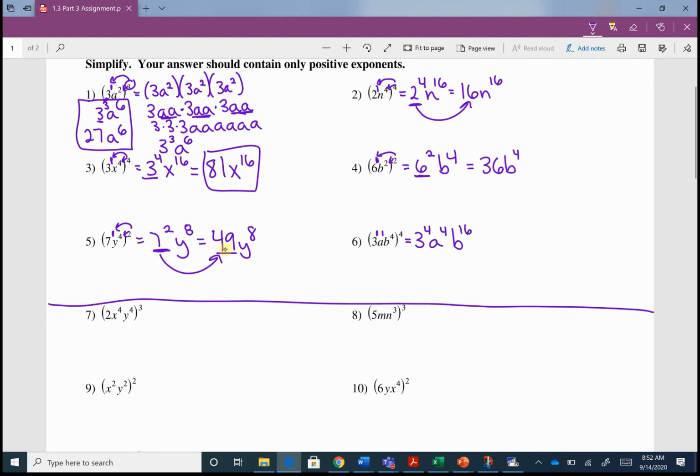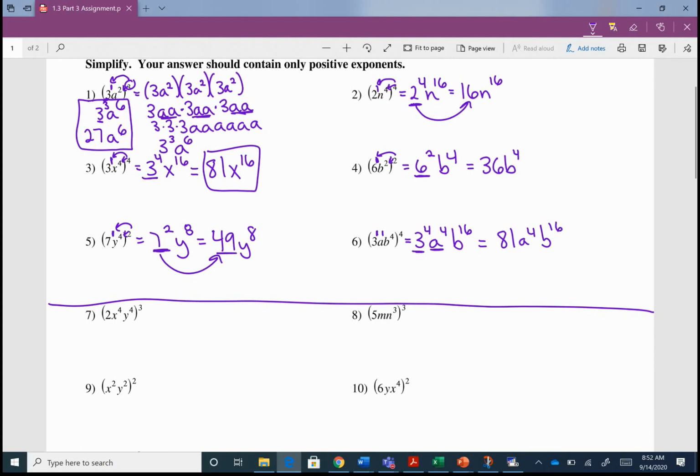Please make sure that you have a to the 4th on yours. A lot of us missed that 1 on the a. If you don't have an exponent, we saw this a couple classes ago, put a 1. So then 3 to the 4th power, we had that one earlier, it's 81. A to the 4th, b to the 16th.